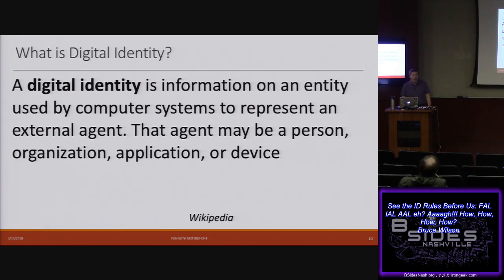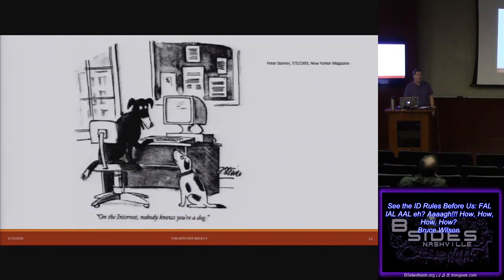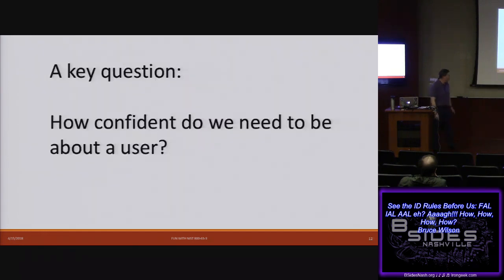All of this comes back to this whole metaphor on the internet. Nobody knows you're a dog. This was originally done in 1993 by Peter Steiner in The New Yorker. Very prescient for many of the things that were going to come on down the pike.